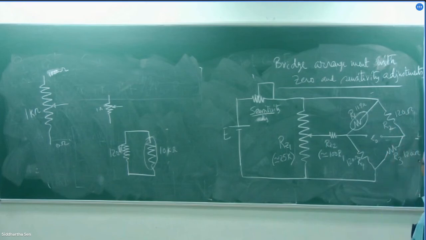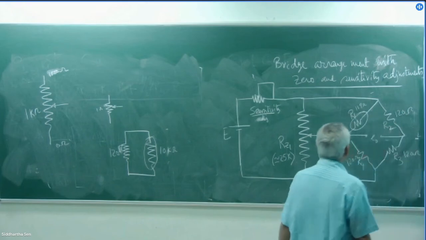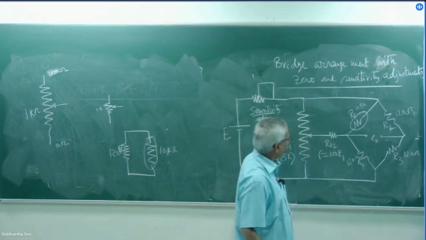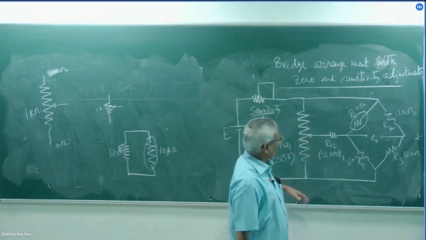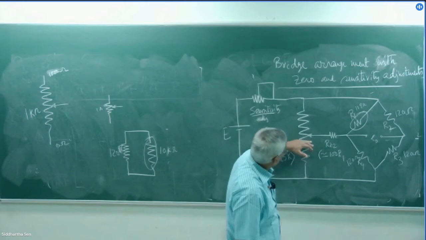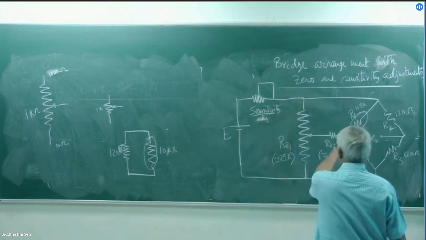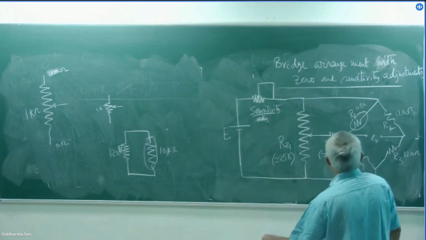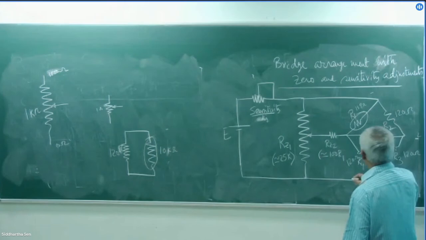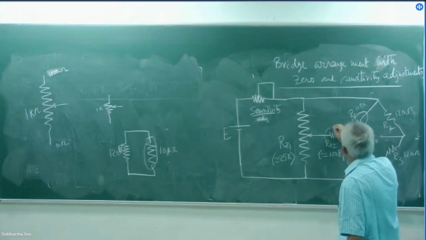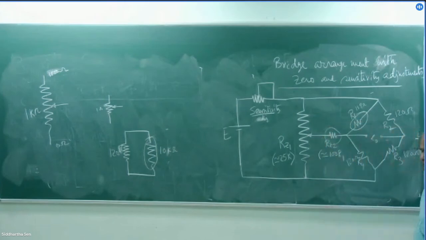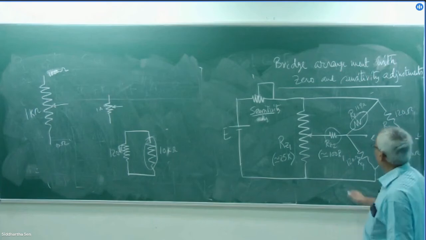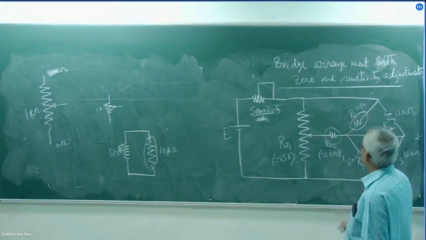The bridge is unbalanced. So by which way can we bring it back to balance? I can adjust this potentiometer, and you can do the analysis, say a star to delta conversion. But the major thing is that let us forget this resistance also. I will tell you why this resistance is required, but let us forget it for now.